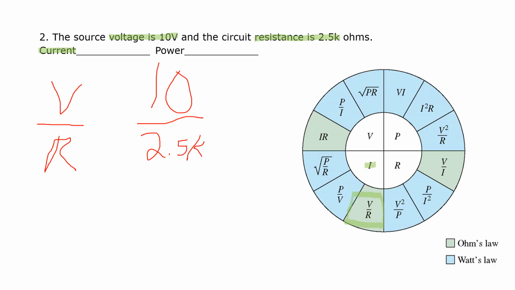Do not forget the K. This one is going to result in you having in your calculator 4 milli. Make sure you write down the 4 milli. And then, of course, we found current, and current is measured in amps. You're going to have to write down amps because that's associated with current.